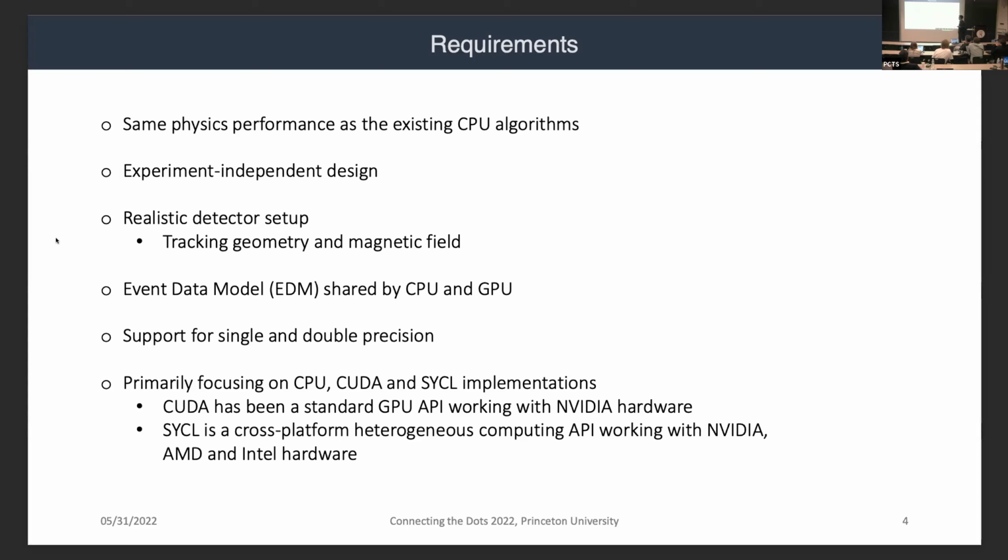The reason that we want SYCL is that it's a very nice cross-platform heterogeneous computing API, working with NVIDIA, AMD and Intel hardware. AMD or Intel is not supported by the CUDA API, so that's why we have SYCL, just to have better coverage of our project.